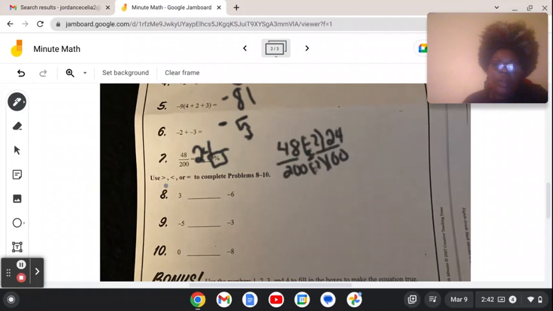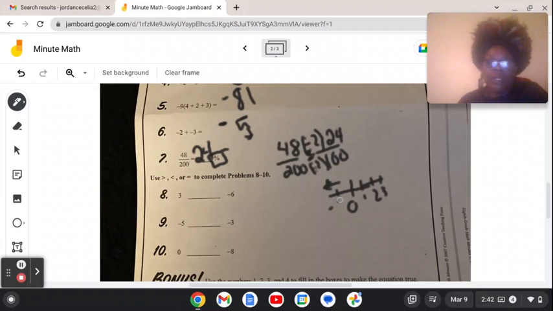Here we're going to use greater than, less than, or equal to complete questions 8 through 10. I always tell the students we're reading from left to right. So 3, is it greater than -6, or equal to, or less than? We know on the number line, the numbers to the left are less than the numbers to the right of 0.